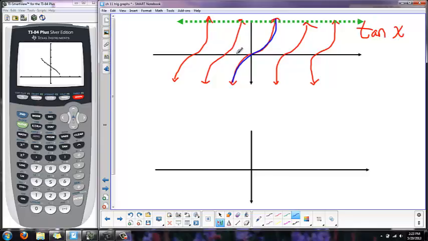And my new domain is going to be, again, between negative pi over 2 and positive pi over 2, which is the same thing that it was for the sine function. Okay, so my new domain, my restricted domain, is between negative pi over 2 and positive pi over 2.